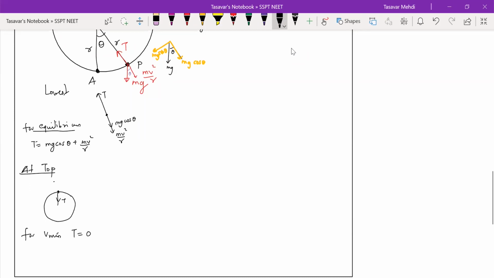Okay, this is your tension. This is your mv square by r. Dear students, therefore mg, let's draw the diagram. Tension plus mg cos theta will be equal to mv square by r. Understand the diagram very well.